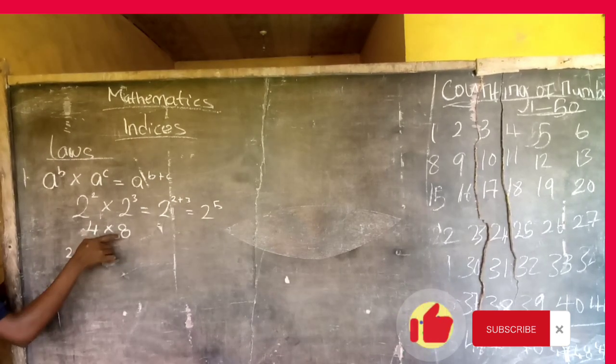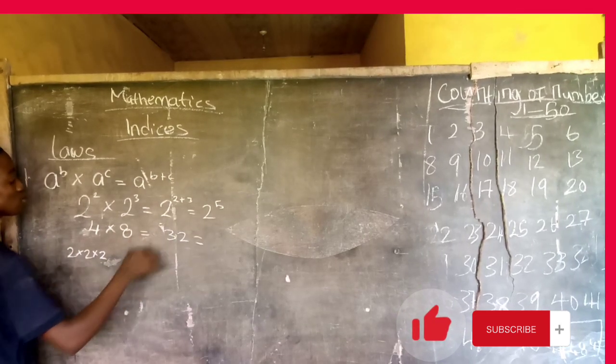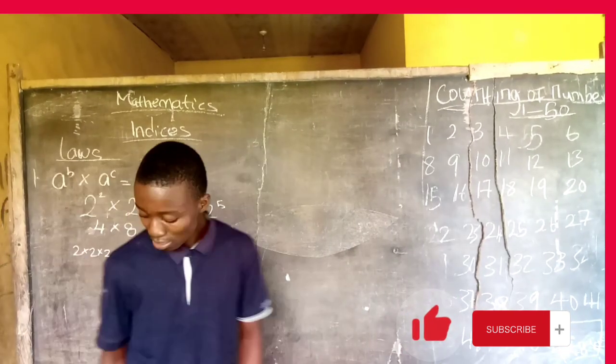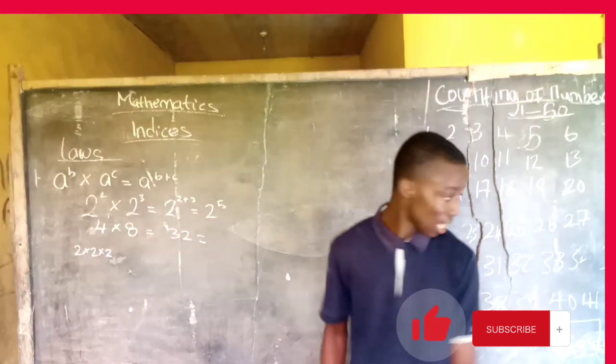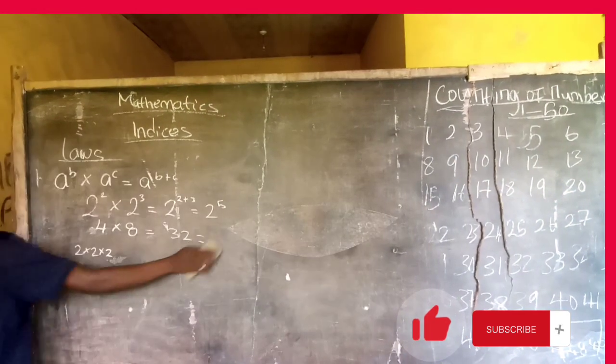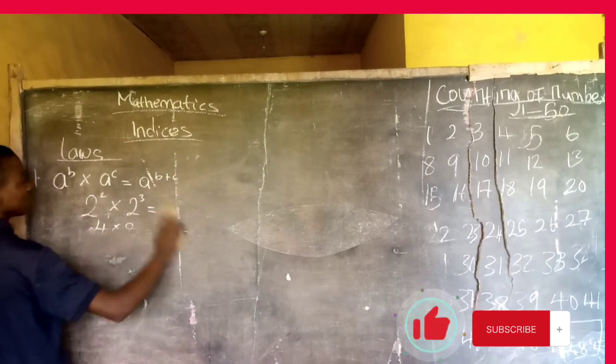So 4 times 8 is 32. And the index form of 32 is 2 to the power 5. That tells us that the law is basically true. That is the explanation of the first law.